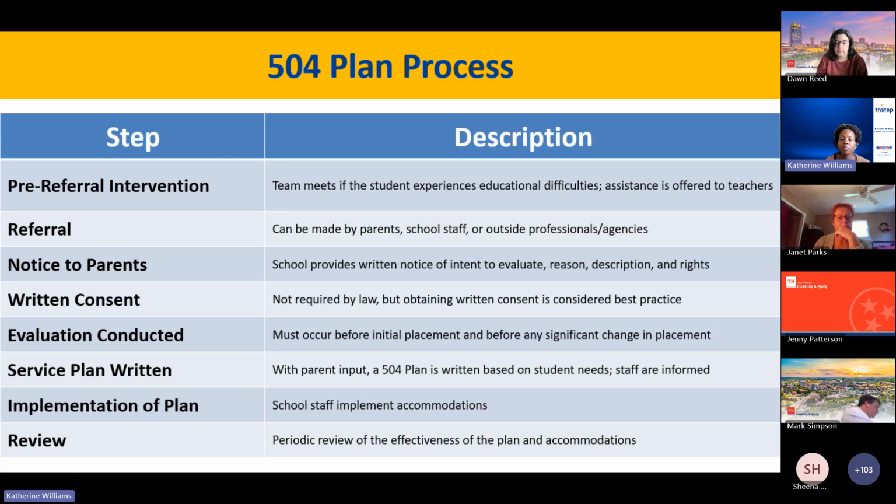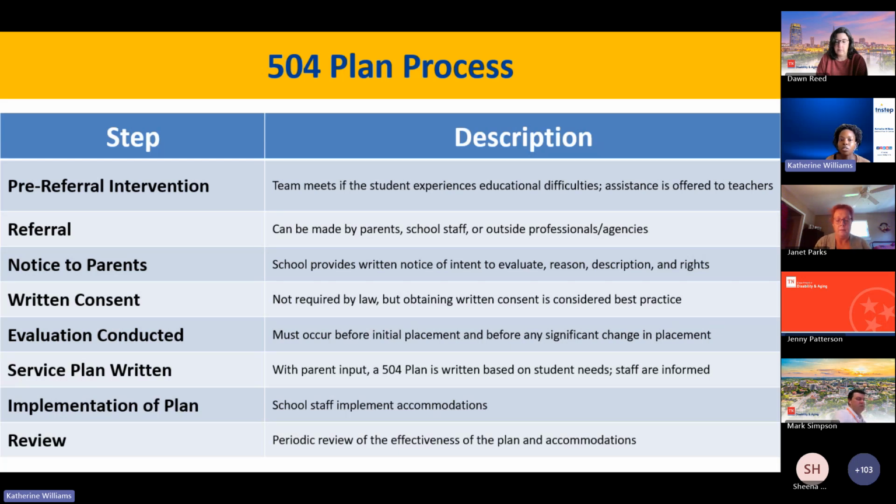And then after the parent is notified and possible written consent is received, an evaluation would be conducted, and that evaluation has to be done before any sort of placement or significant changes in placement or plan implementation. The service plan would be written, and it would include parent input.